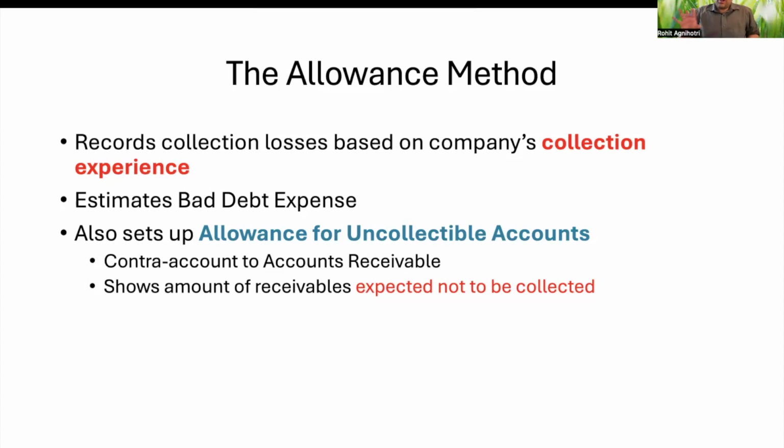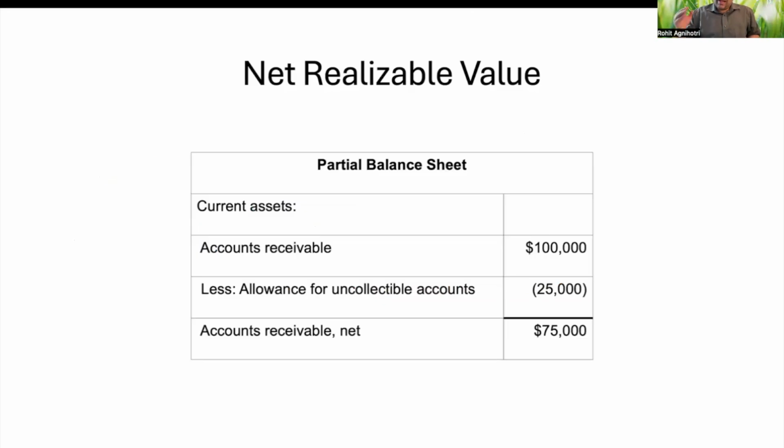Okay, so this is your allowance method, and we will get into details when I do the Excel example with you. Net realizable value: the net value that you can realize, that you can collect, is your accounts receivable balance minus your allowance for uncollectible accounts balance.